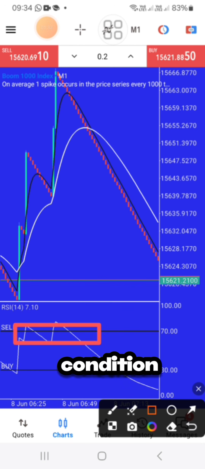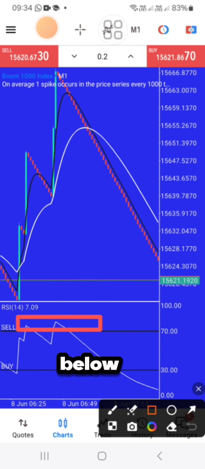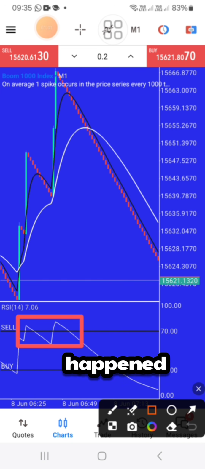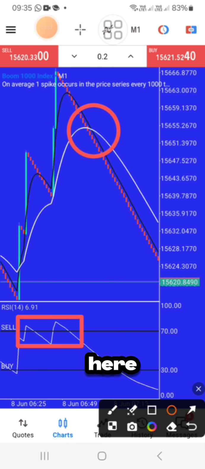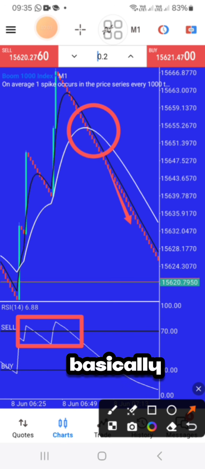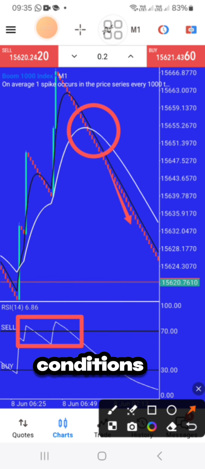That's the first condition, like what happened in this particular area. Price crossed below the 70 level, but you don't immediately take the trade. You wait for the indicators on the main chart. You need to wait for the black line to cross below the white line, like what happened here. Then you're going to sell for 10 candles.